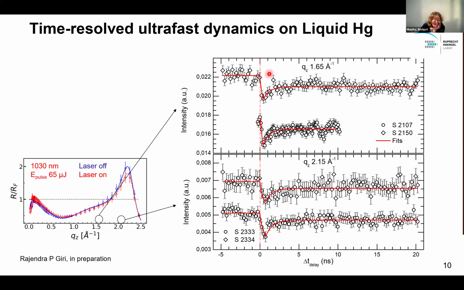And at both of these Q values, we see that there's a decrease in the intensity and that it recovers, but not quite to the original value again on the nanosecond time scale.